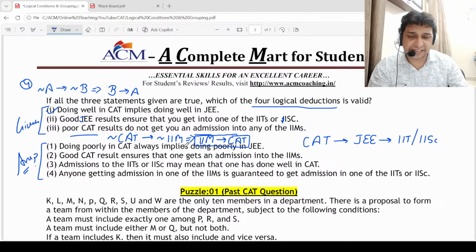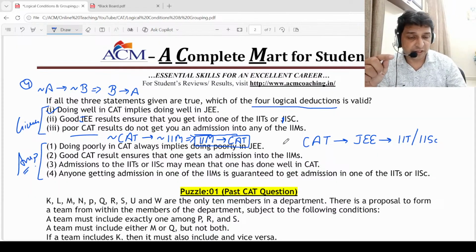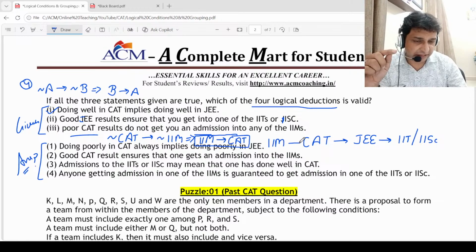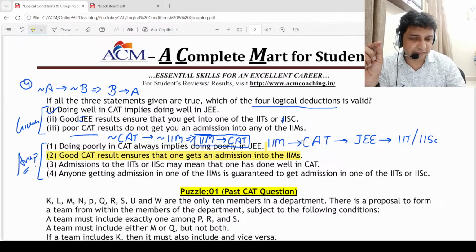So if not CAT, then not IIM. That means if IIM is being offered, the CAT was also good. So we can put the chain here, we can write IIM here, and then we can make it a complete chain. Now this is the complete chain to find out the answer.